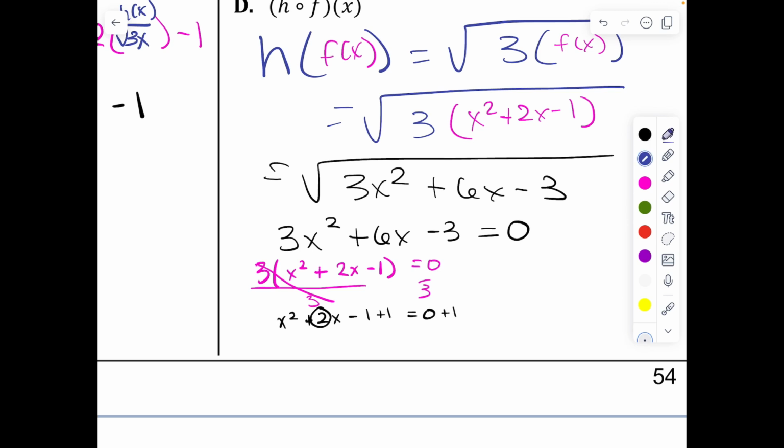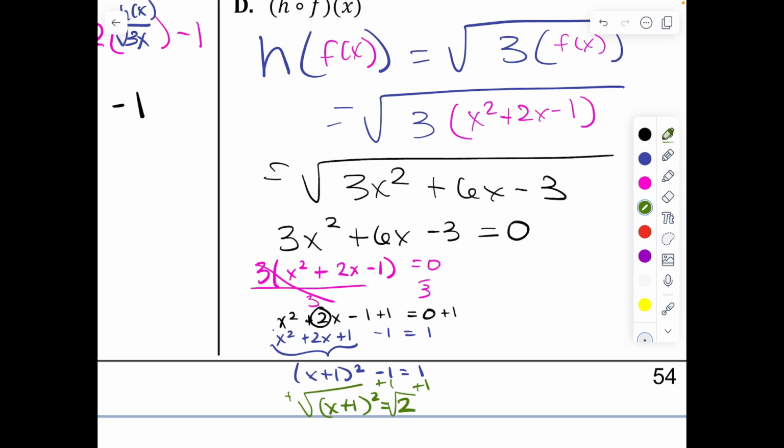I'm going to switch where these are. So x squared plus 2x plus 1 minus 1 equals 1. If I factor this, I get x plus 1 squared minus 1 equals 1. Now I'm going to add 1 to both sides, and I get x plus 1 squared equals 2.